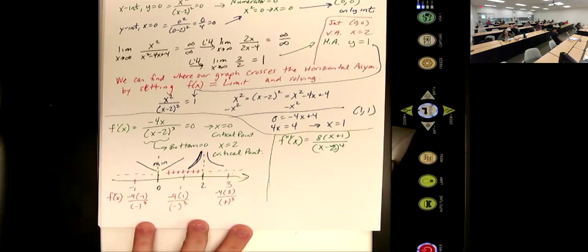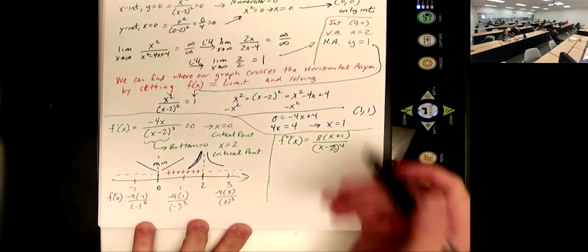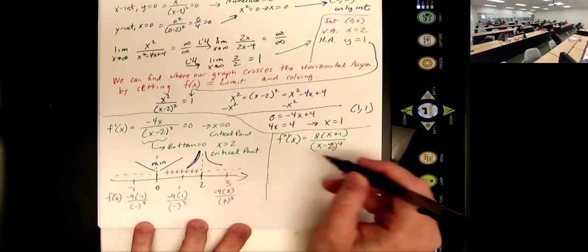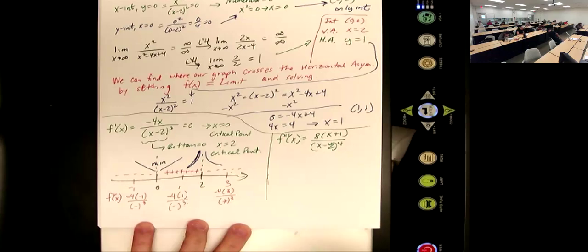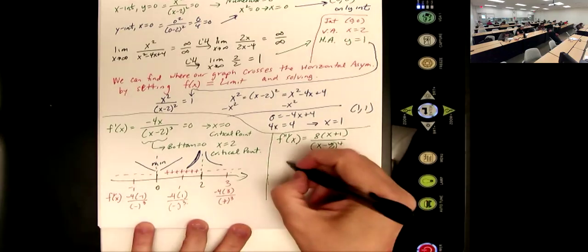If we look at the second derivative, our inflection point should be at x equals -1, where the top equals 0.